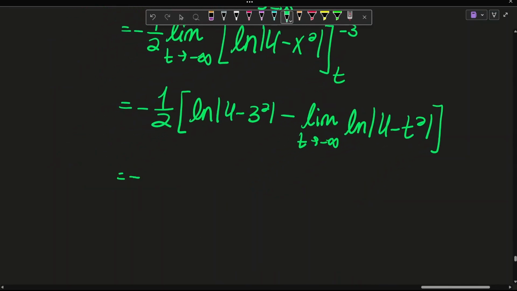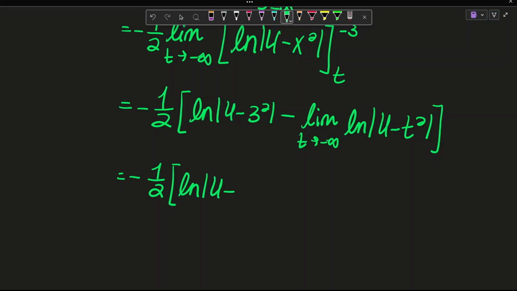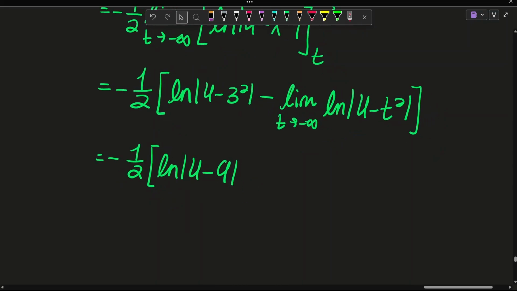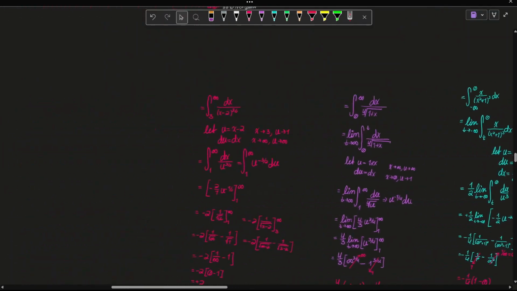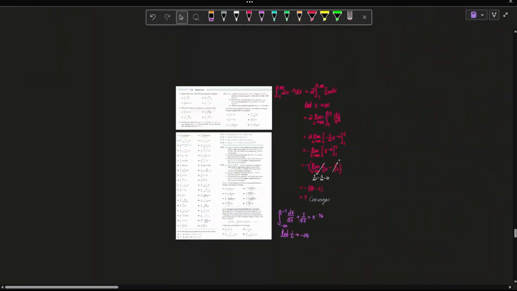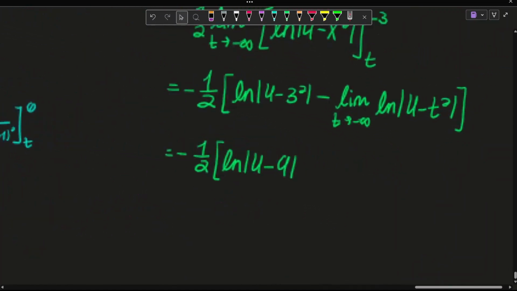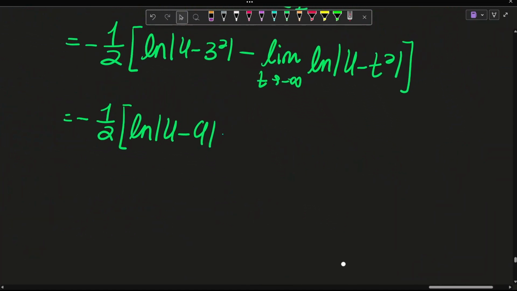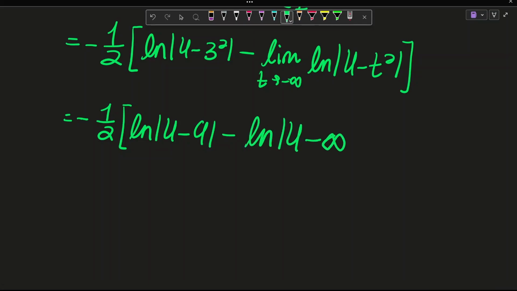Now here we get negative 1/2 ln of 4 minus 9. Oh, weird. That can't be the right question. Okay. Minus, and we can just evaluate the limit now. 4 minus infinity squared. Cool.